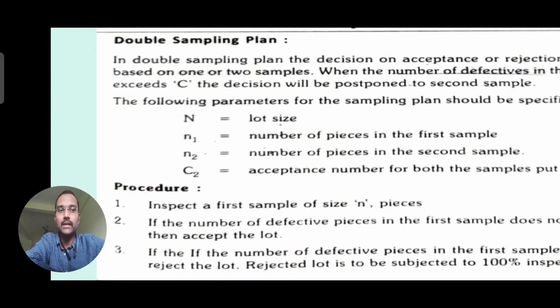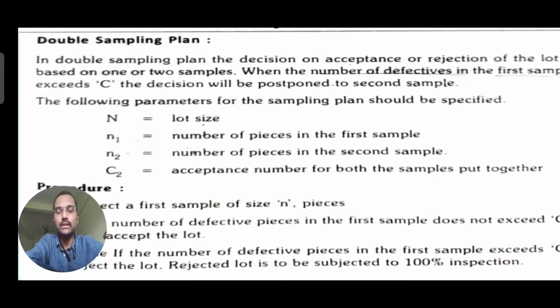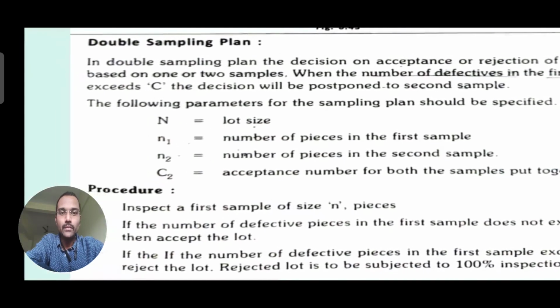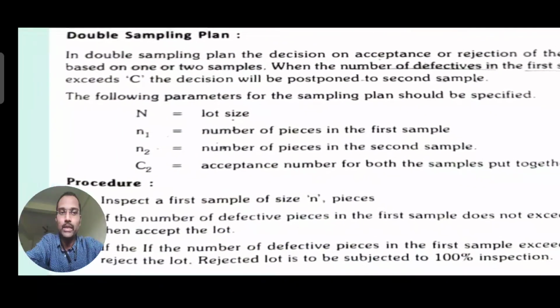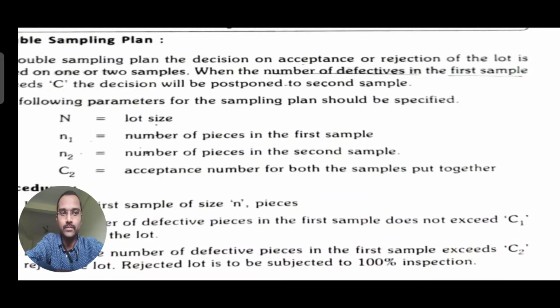If it is not exceeding the value C1, which is 1, in that given sample, and you are not getting more than one defective part, then you simply accept the lot, and it is completed.